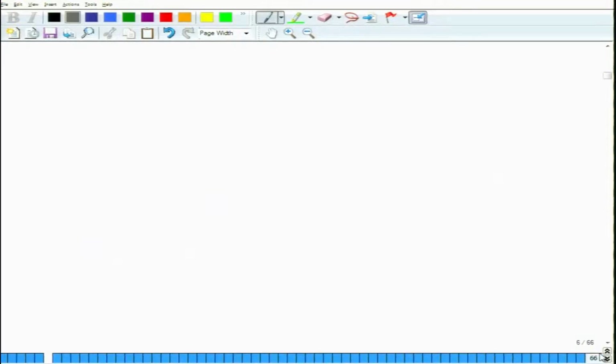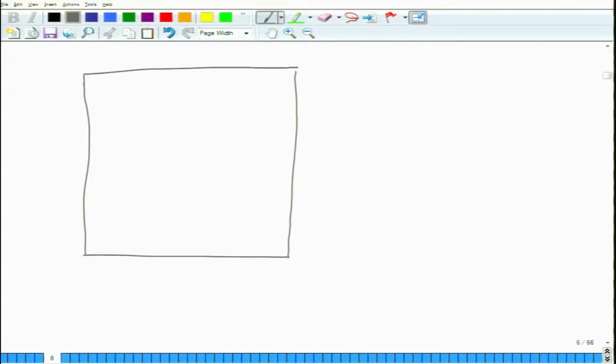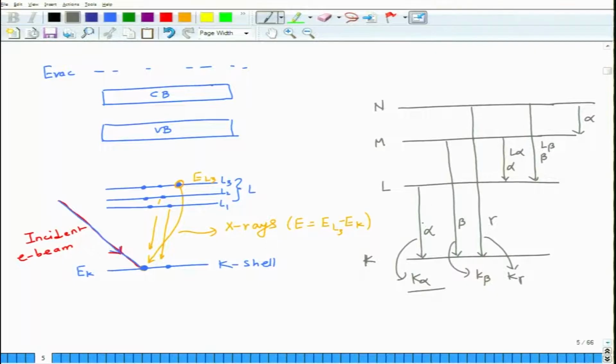Okay. So, now let me show you. And within this alpha, you can also have alpha 1, alpha 2, alpha 3, because L is made up of 3 sublevels, L1, L2, L3.